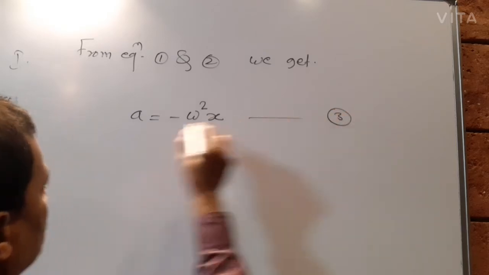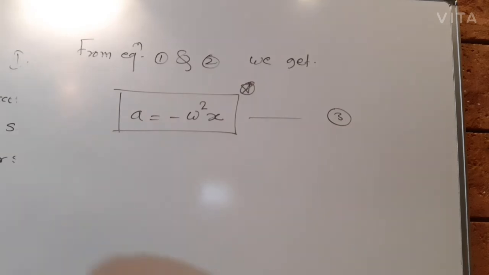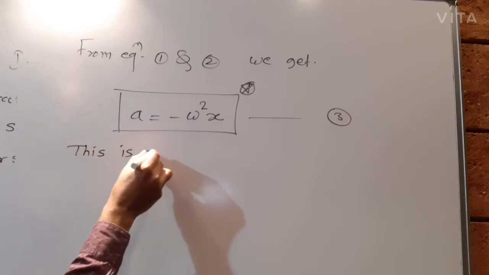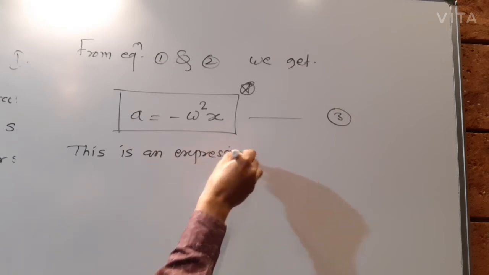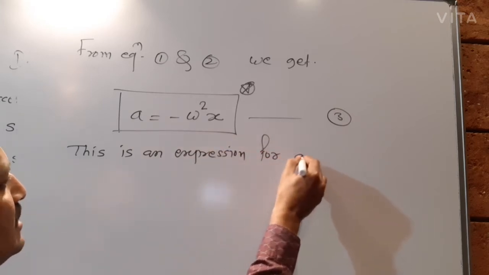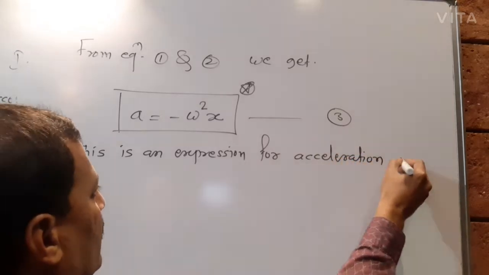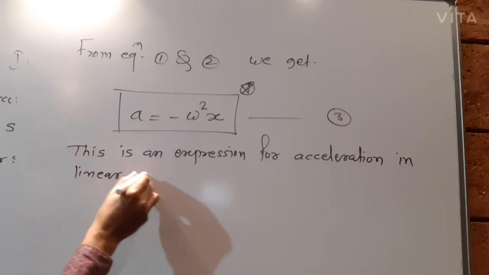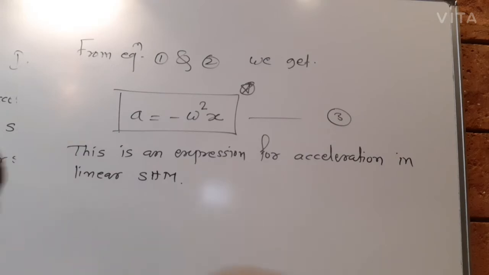This is our equation 3, and this is the first important equation. Denote it as a star. This is an expression for acceleration in linear SHM.